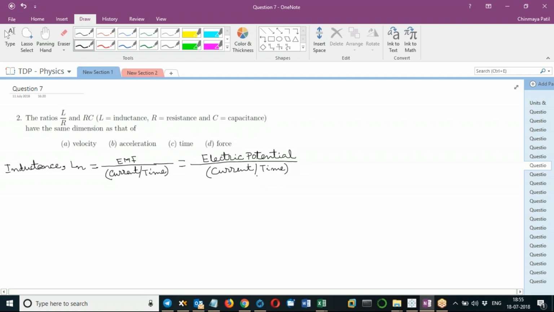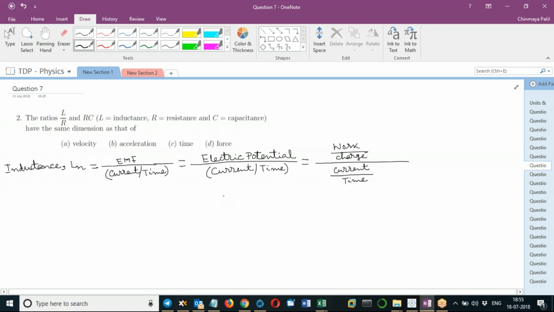If we further synthesize, we will see the electric potential is nothing but work by charge. And current by time, let us keep as it is.